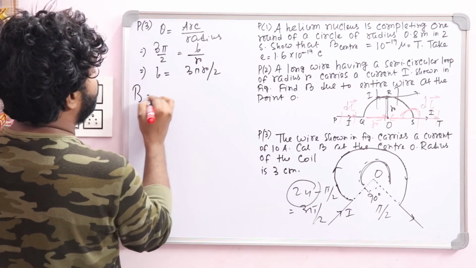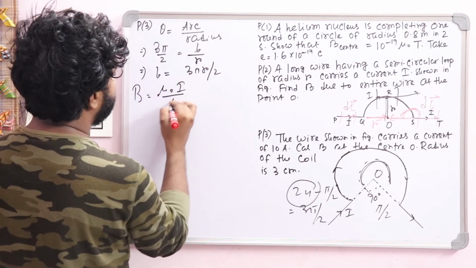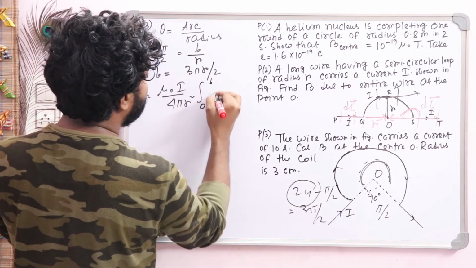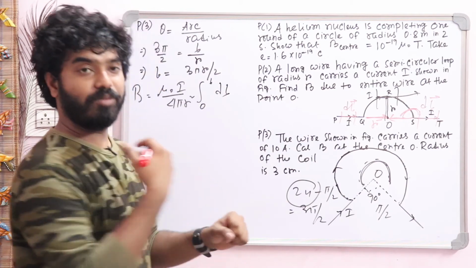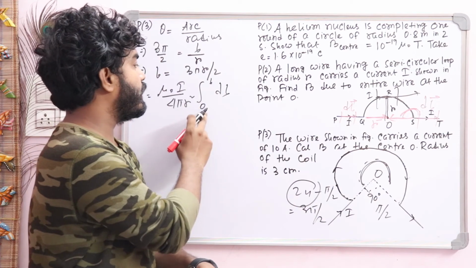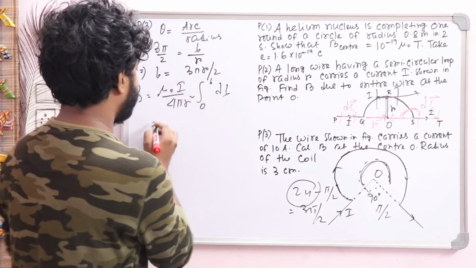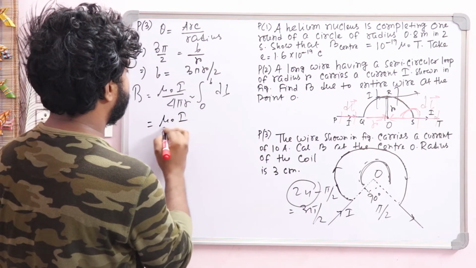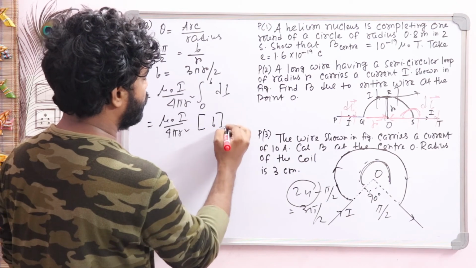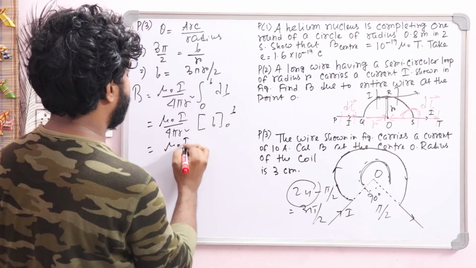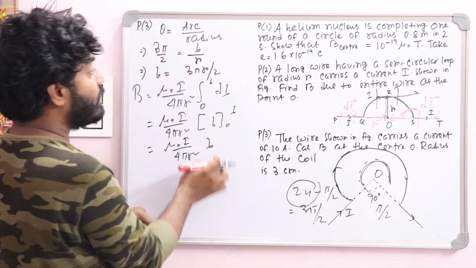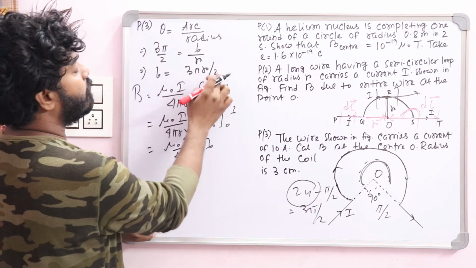Now use the general formula, B is equal to mu naught I divided by 4 pi R square, integration 0 to L dl. So mu naught I divided by 4 pi R square, integral of dl, that means L, 0 to L. This one is L minus 0, so L, and the value of L is 3 pi R by 2.